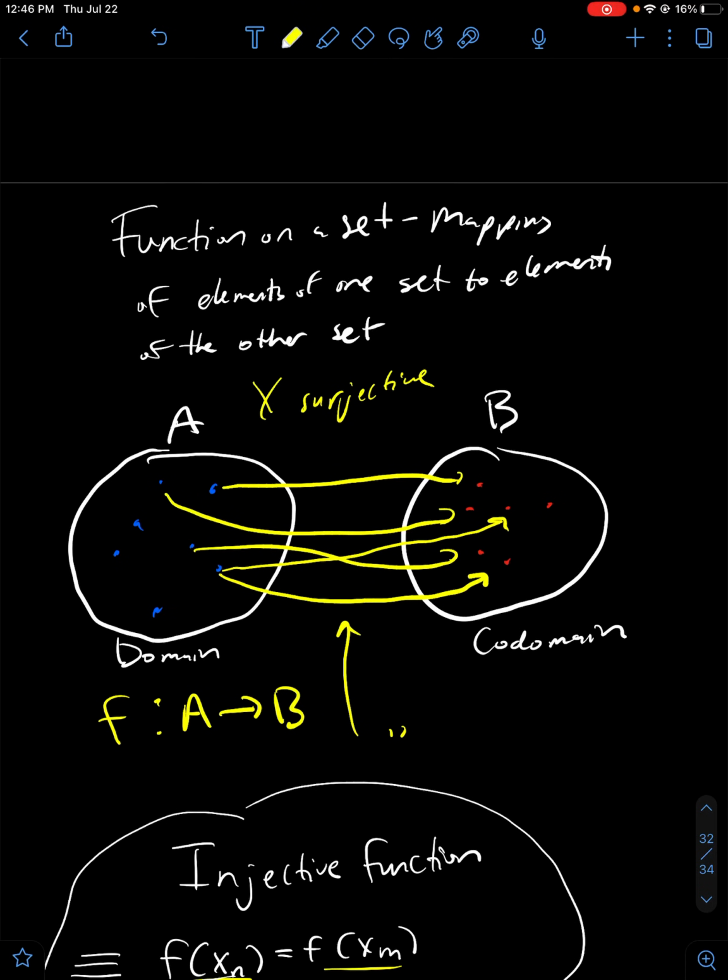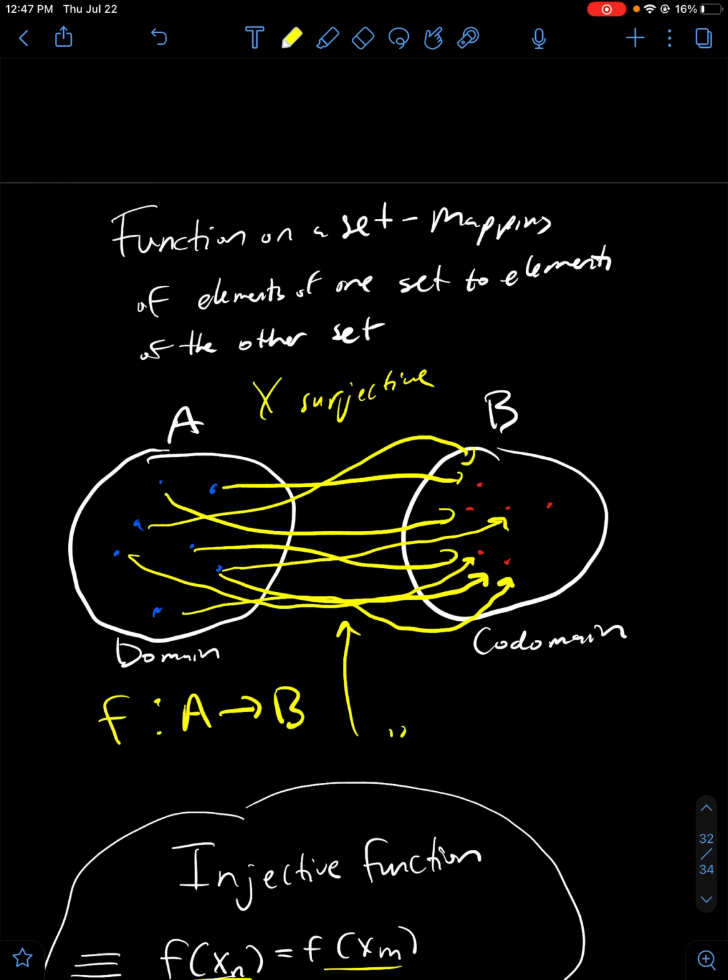However, if we did define the function for those points, mapping this point and this point to other points, then it would be a surjective function, since it maps all elements of the domain, none left behind, to some element of the codomain. And note that it doesn't have to map to all of the elements of the codomain, but as long as some of the elements are mapped to, it's a surjective function.